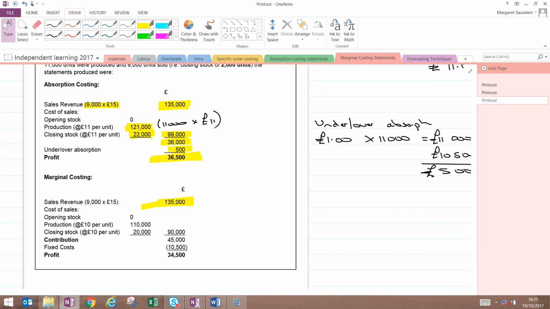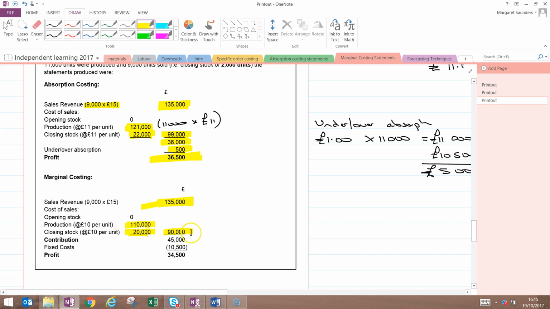So the 11,000 units at £10, we have 110,000. Closing stock of 2,000 units is also at £10, so we have £20,000. Cost of sales is the opening stock plus the production minus the closing stock. Cost of sales is £90,000.